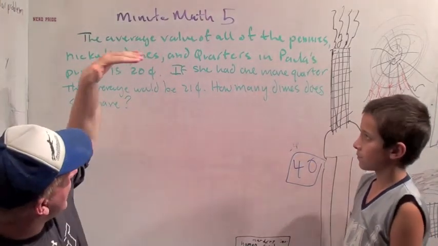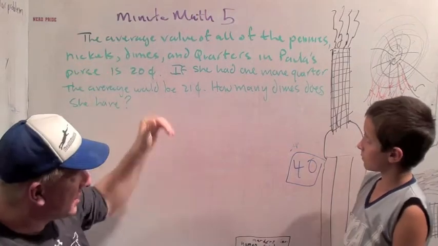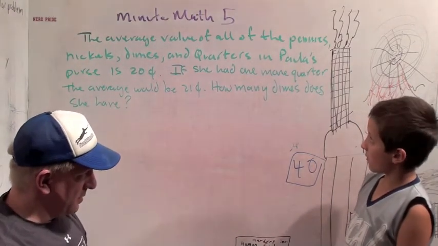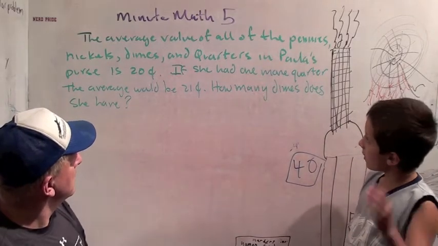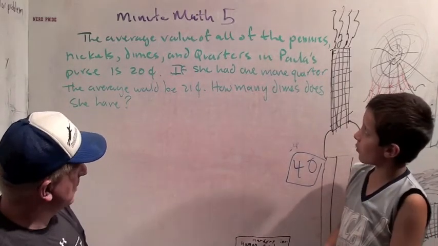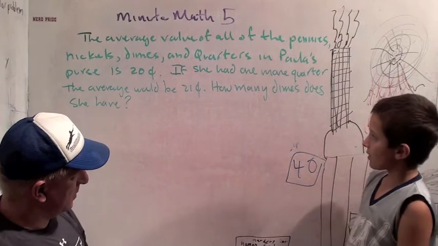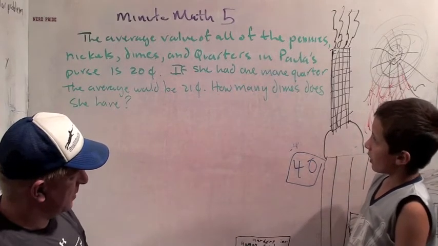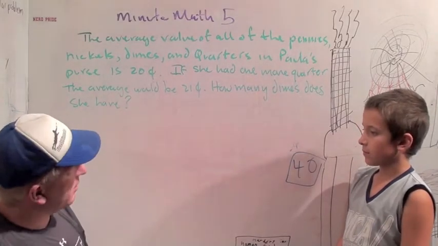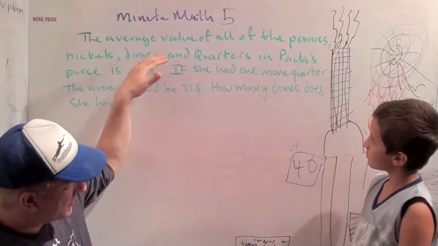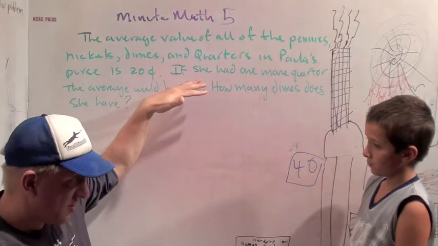So what does it mean that the average is 20 cents? You add up all the money she has and divide by the number of coins she has.